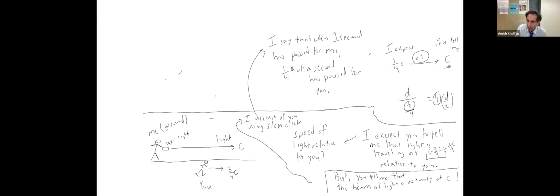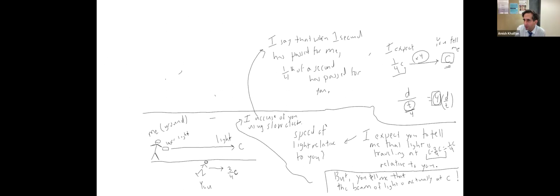If the speed is distance over time, but the time is reduced to 1/4 as much, then when you divide by a fraction, you multiply by the reciprocal, so the 4 comes upstairs. That 4 is what you're multiplying by to get the c that you're telling me.